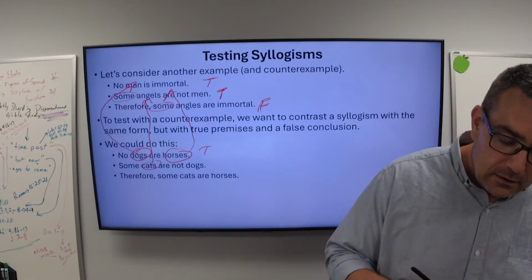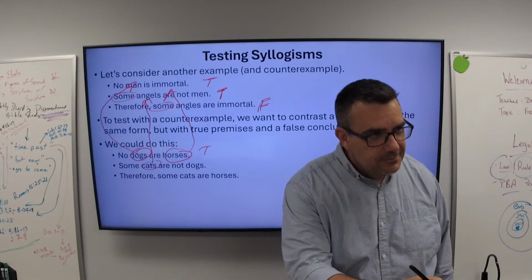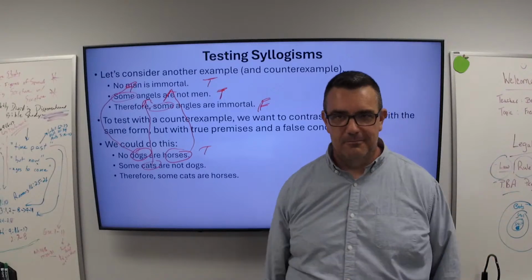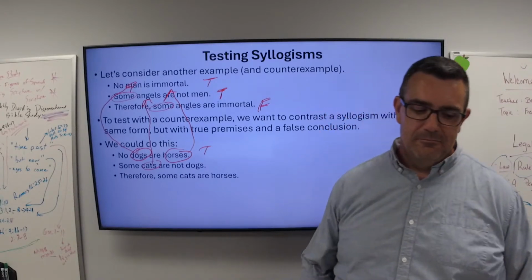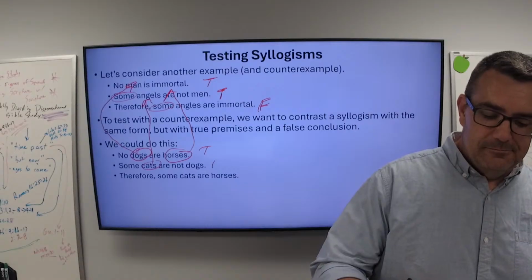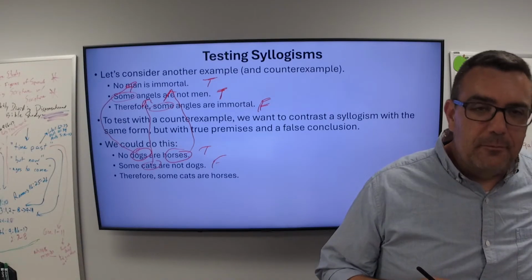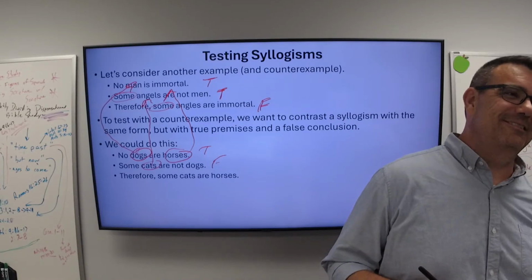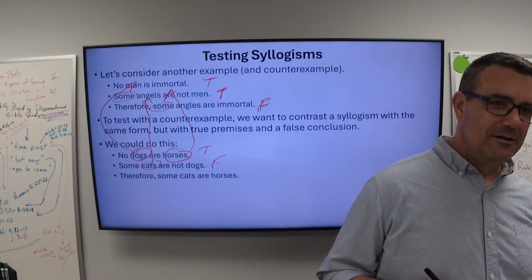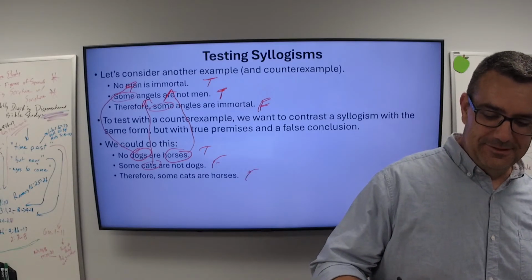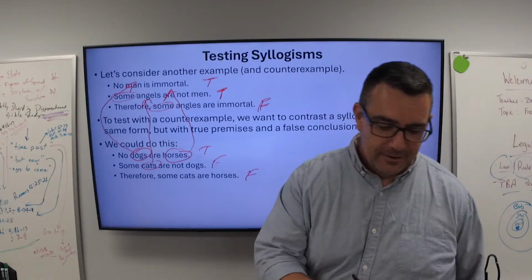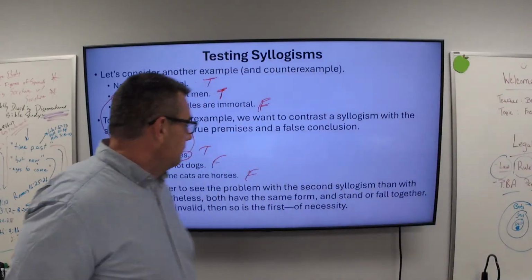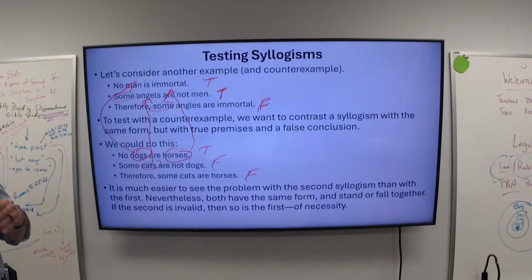True. Some cats are not dogs. All cats are not dogs. Okay? Therefore, some cats are horses. False. So, it is much easier to see the problem with the second syllogism than with the first.